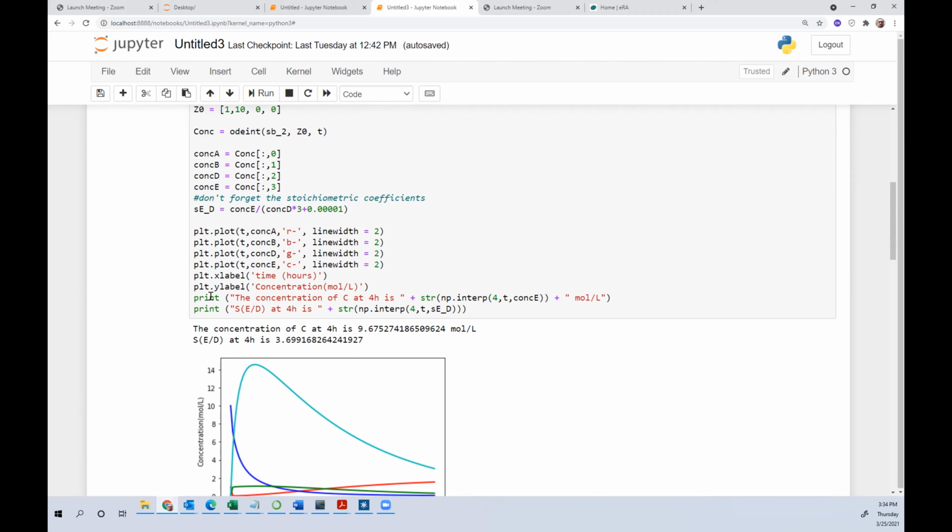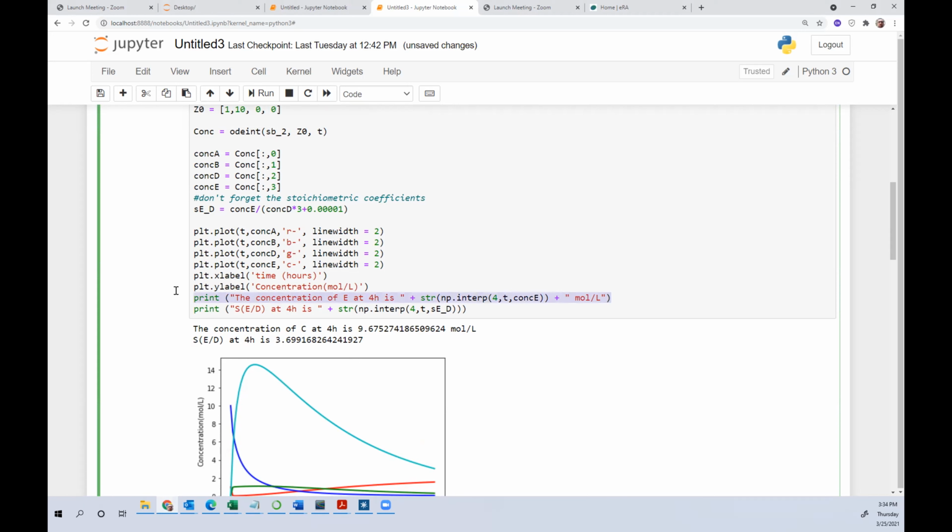And I wanted to print the concentration of E at 4 hours. This is a function that can find Y as a function of X. This is an interpolation, np.interp. What I'm asking is, at 4 hours of t, find the concentration of E. Concentration of E at 4 hours is this value, in moles per liter.